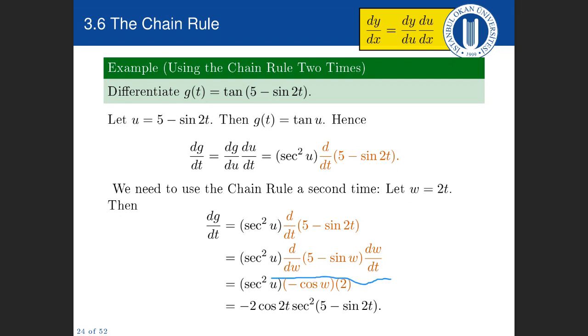Instead of doing d/dt of 5 minus sine 2t, I'm doing d/dw of 5 minus sine w multiplied by dw/dt. This is just using the chain rule a second time. The derivative of 5 is 0, the derivative of minus sine is minus cos, and the derivative of 2t is 2. So we end up with our final answer.